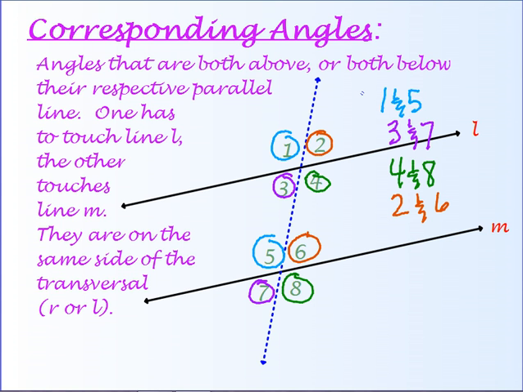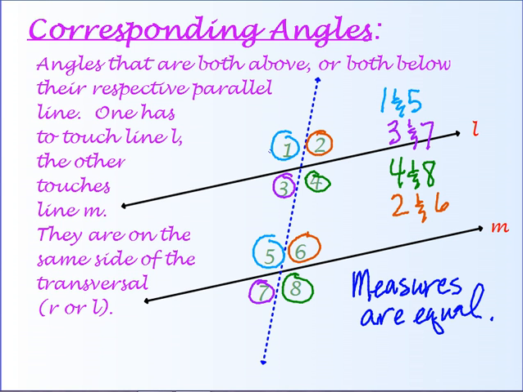The main thing you need to know about corresponding angles, besides how to identify the pair, is that their measures are equal. So for instance, if angle 1 was, let's say, 135 degrees, then angle 5 would have to be that same 135 degrees.